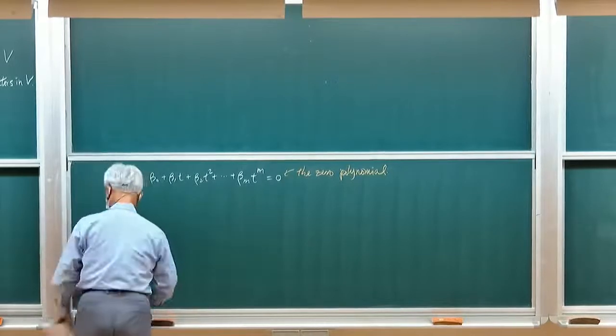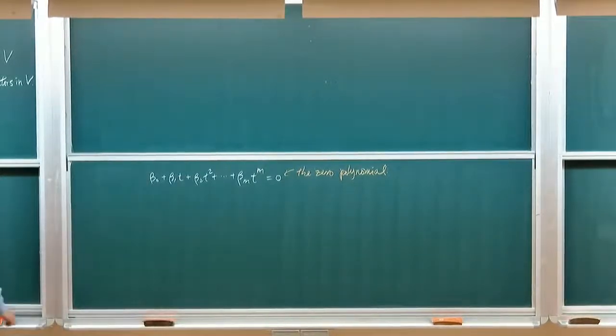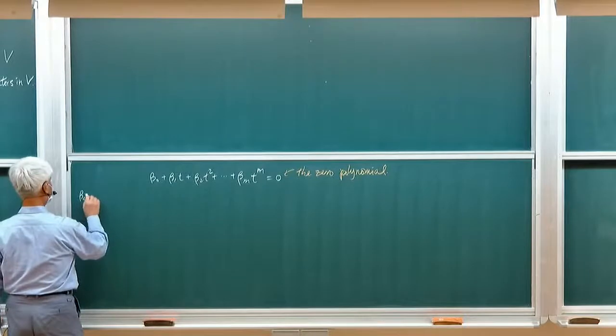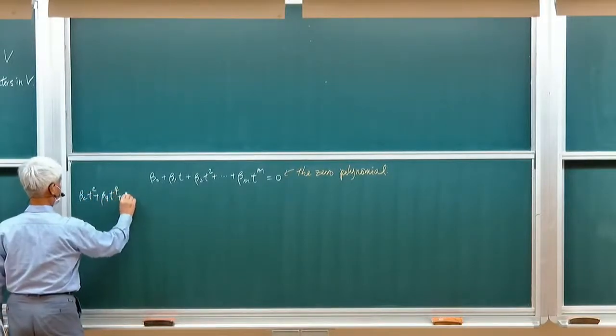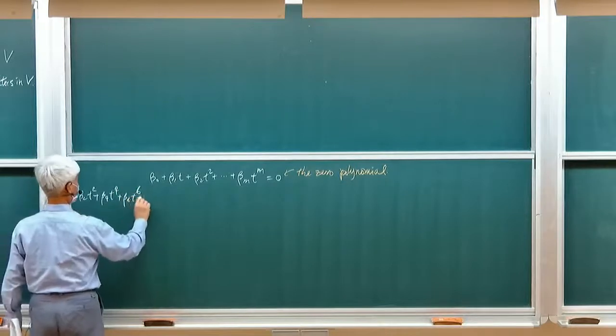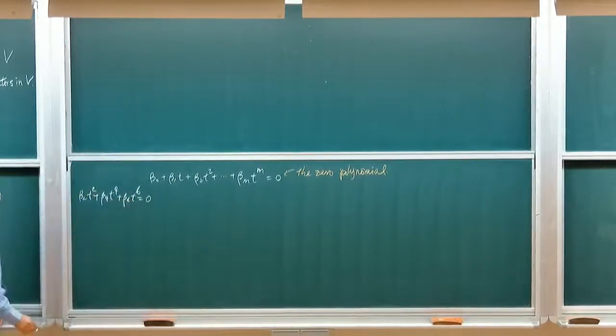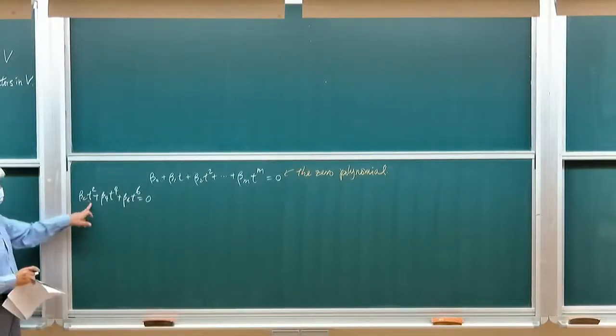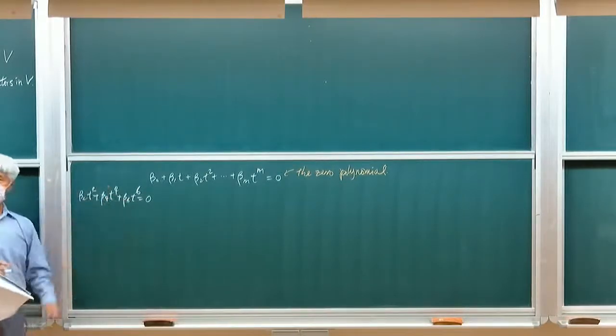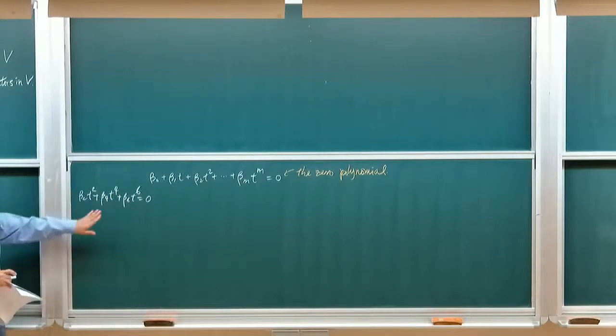So if you want to say that this is a linear relation involving t squared, t fourth power, and t sixth power, I want to consider such a linear relation.